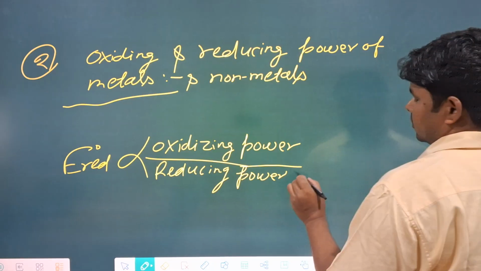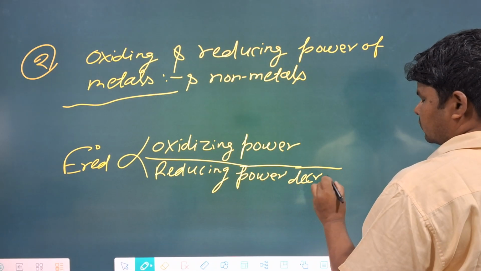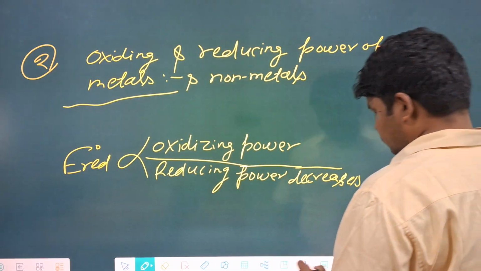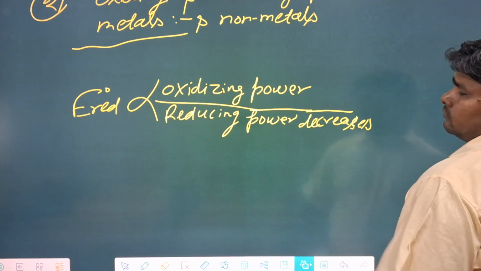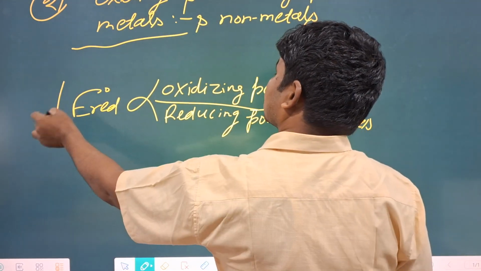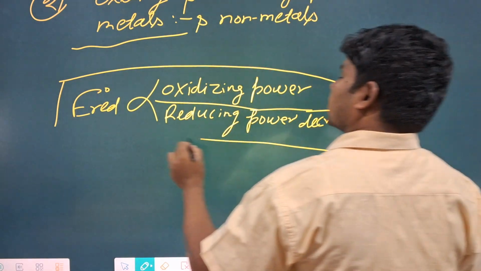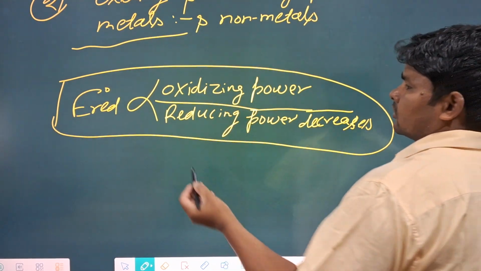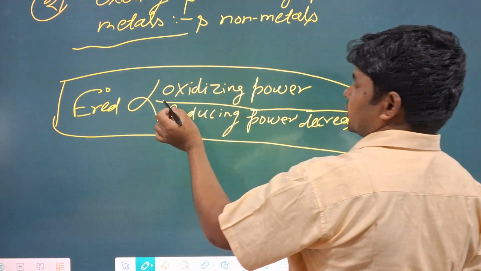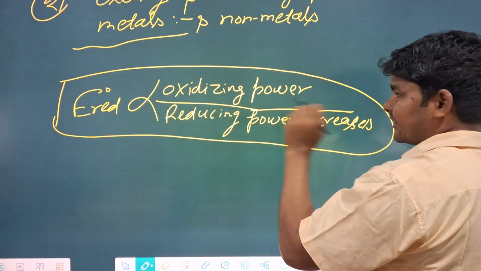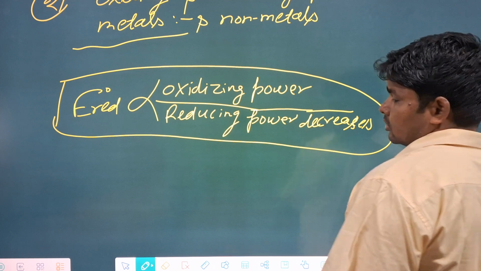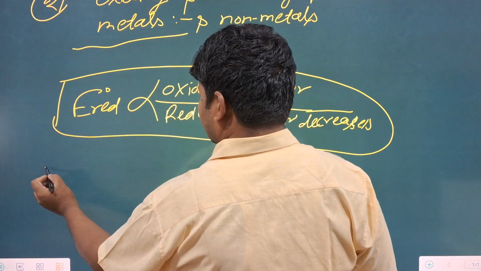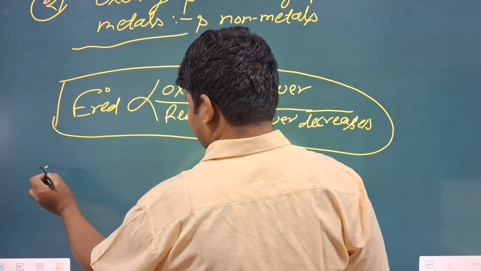Okay, reducing power decreases. The formula is that standard reduction potential is directly proportional to oxidizing power and inversely proportional to reducing power. With a question, for example, we can easily solve the given question.